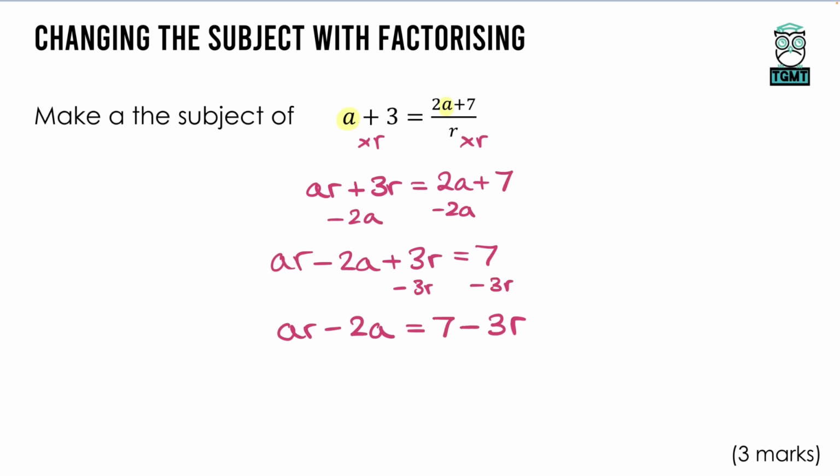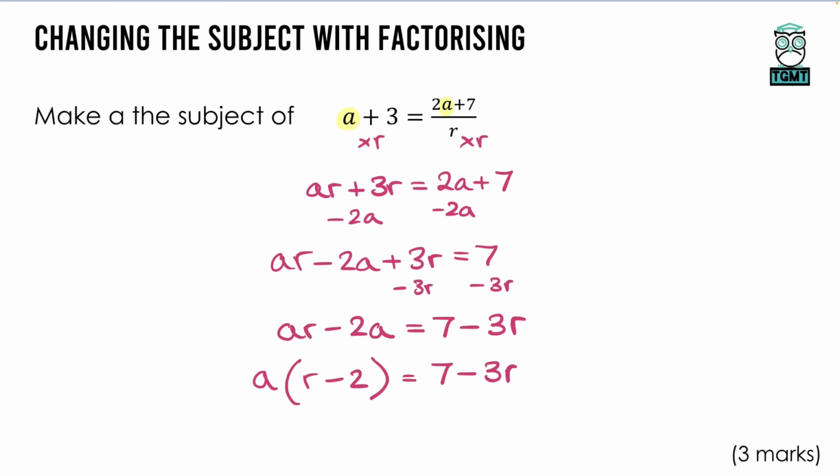And of course this would look slightly different if we move the a's to the right. Now at this point we can factorise the left, we can factorise the a out of the bracket, which will leave us with a times r minus 2 inside the bracket, and that is equal to 7 minus 3r.